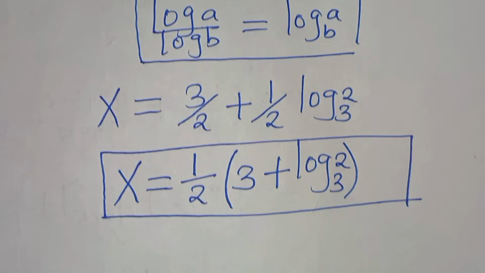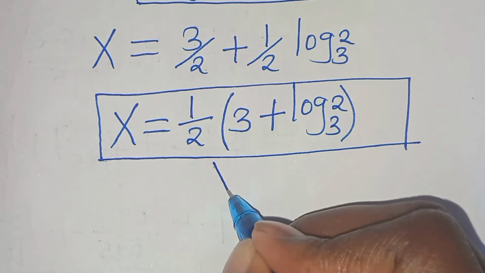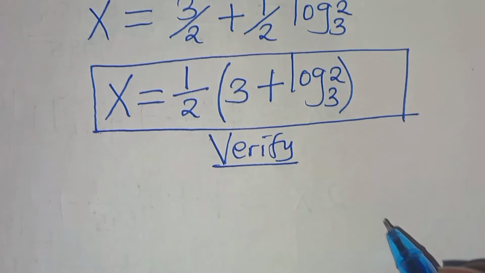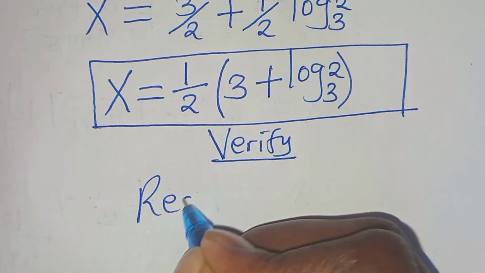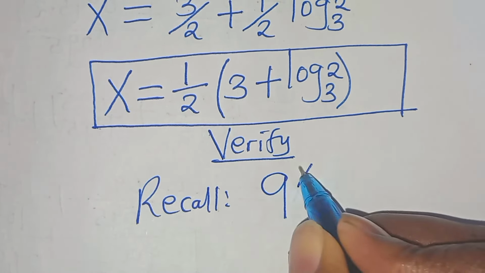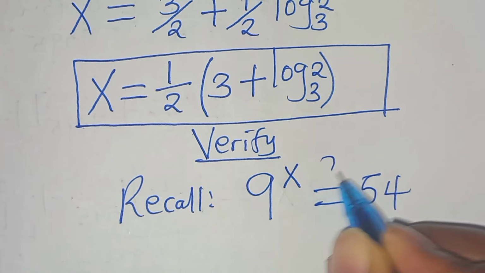So the next step from here is to verify that this value of x satisfies the equation. So let's verify. Now, if you recall, we have that 9 to the power of x should give us a value of 54.